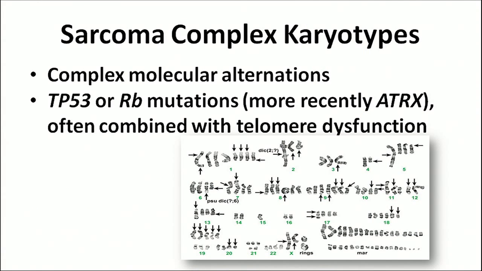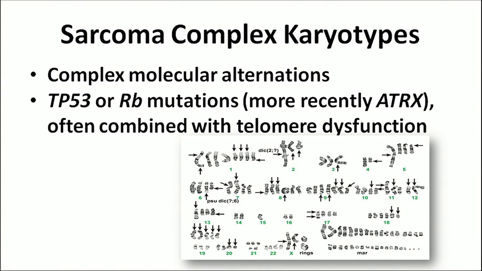So the types of sarcomas that have the types of events that we talked about, translocations and amplifications, tend to have fairly simple karyotypes. There are also ones that have much more complex karyotypes with lots of chromosomal transitions.